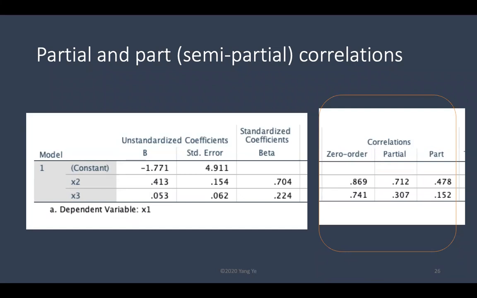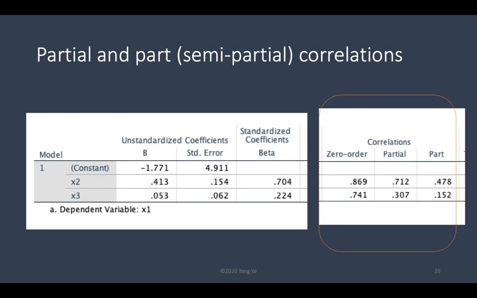Both are indicating the correlation with x1. You can see that for both x2 and x3, the partial correlation with x1 is smaller in value than their zero order correlation.